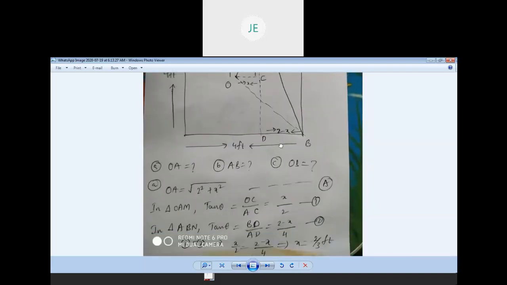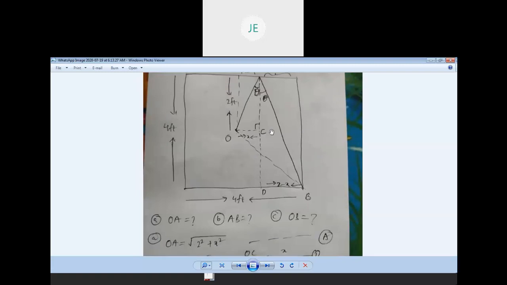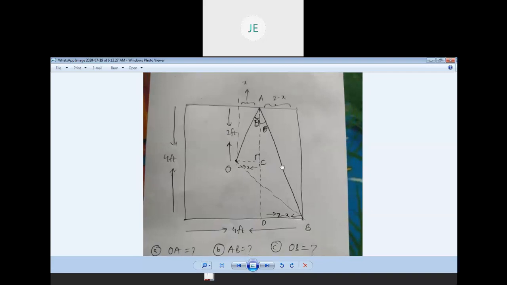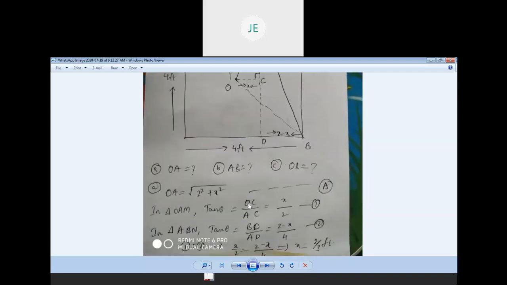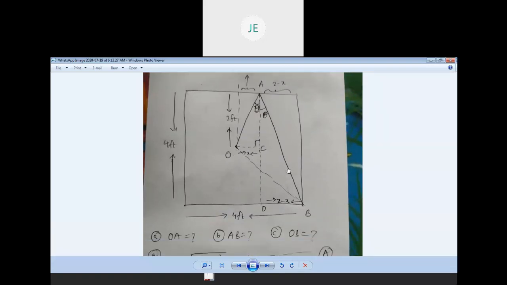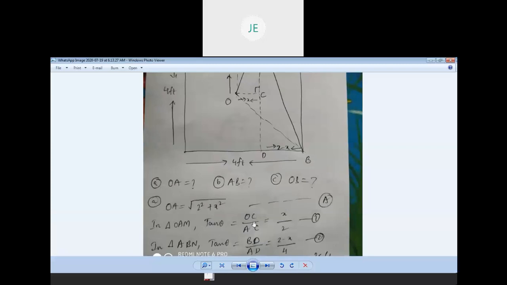Tan theta is equal to opposite by base, OC by AC. OC is x and AC is 2.